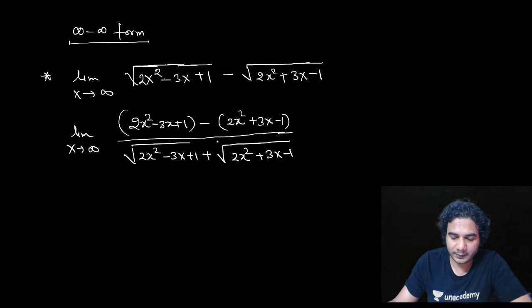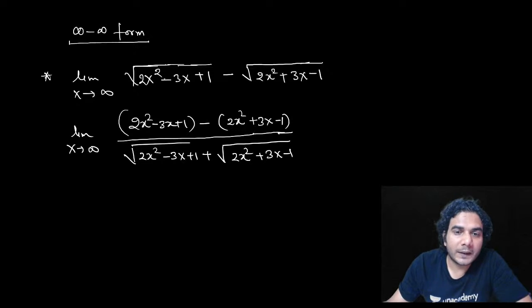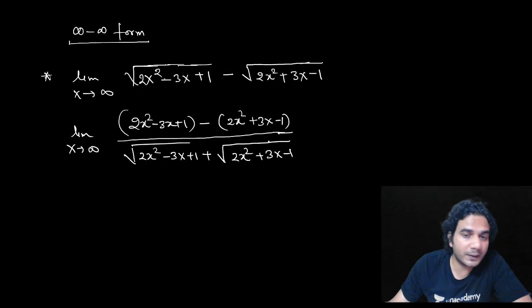Okay, now this is the form. I think you have got this step. I have multiplied and divided by this term, under root of 2x square minus 3x plus 1 plus under root of 2x square plus 3x minus 1. In the numerator it is now a minus b into a plus b, so a square minus b square. Now 2x square will get cancelled, and add the remaining terms.